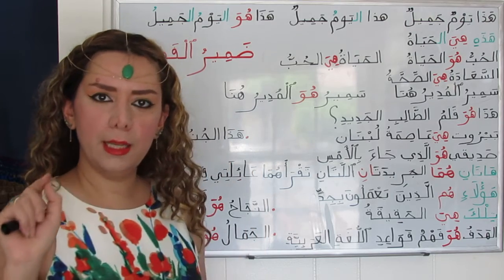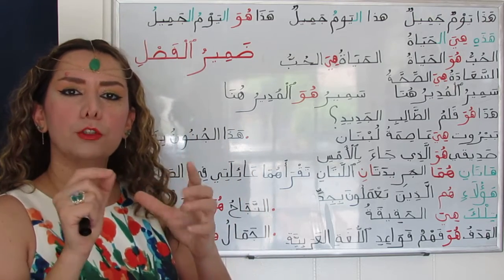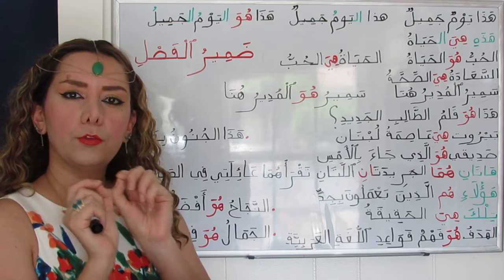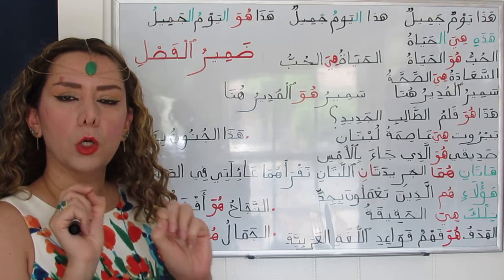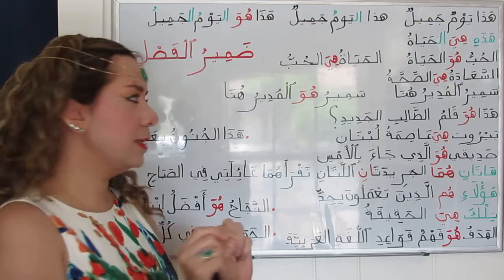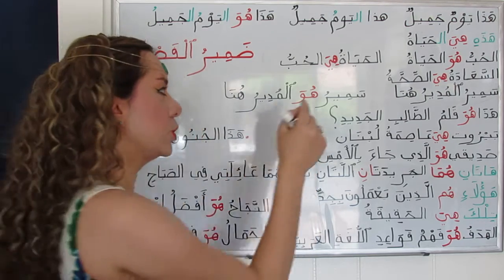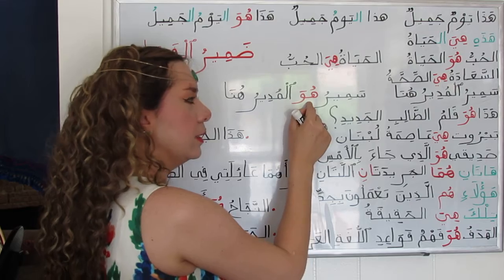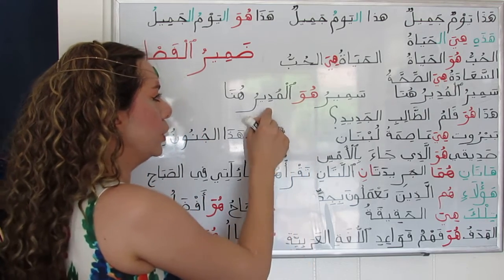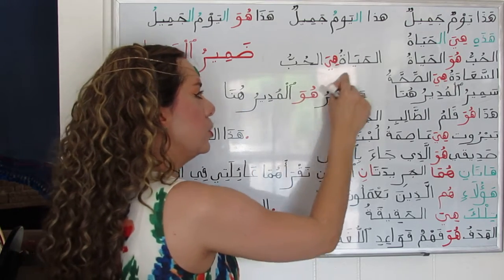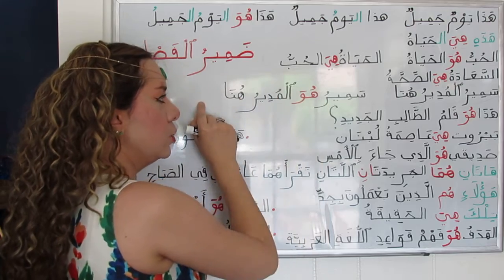So while translating, you will put the verb to be conjugated in the present tense instead of huwa. So Samir is the manager here. So this is the subject, this is the predicate.